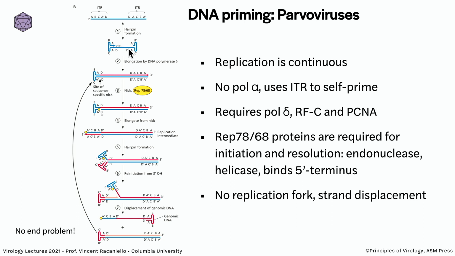As this gets in the cell nucleus, the cell recognizes this as damaged DNA. The cell does not appreciate single-stranded DNA, so it repairs it. Polymerase delta will use the 3' end of that left terminal repeat as a primer and simply makes it double-stranded.